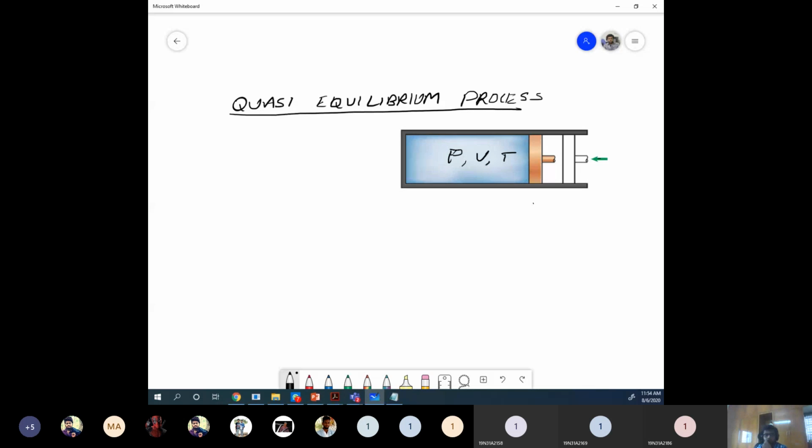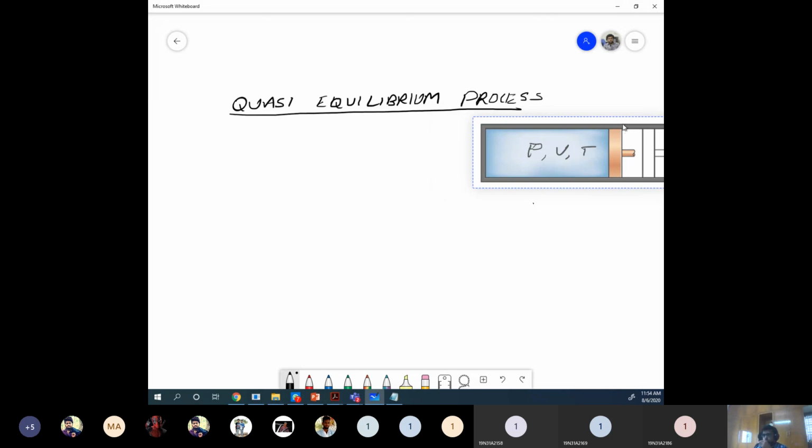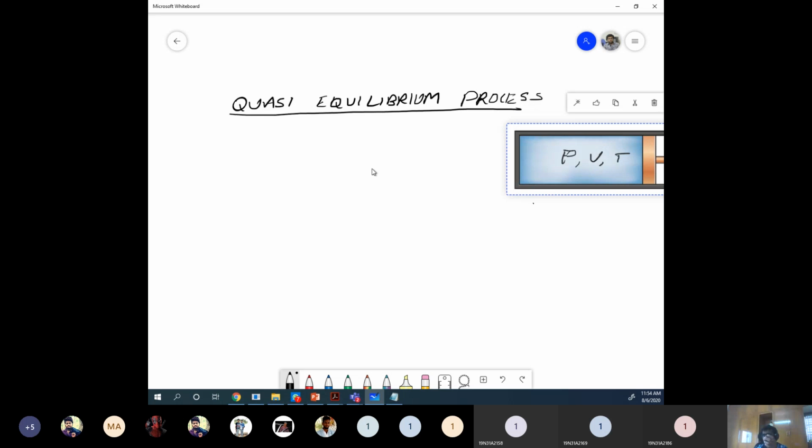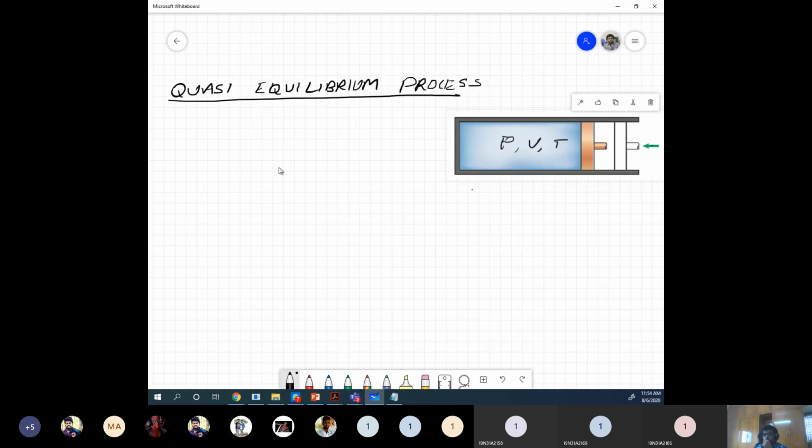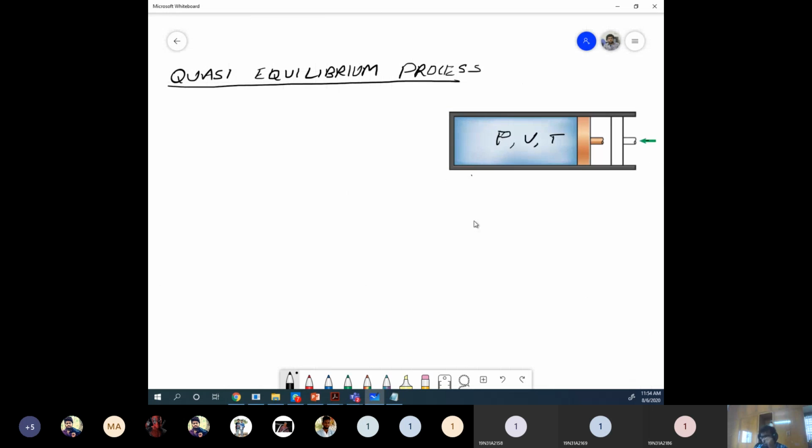Let me put this up. I'll delete these things, they are not needed. So let's assume that this is the slow compression process. Compression, you know the word: we are compressing the gas inside.